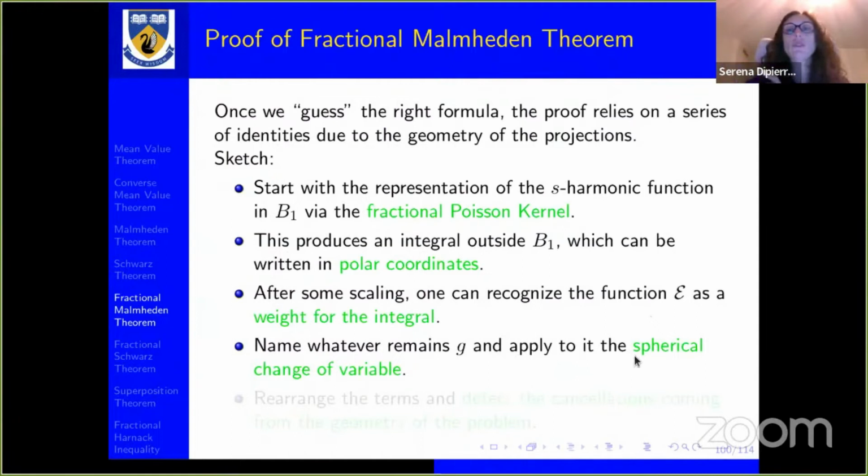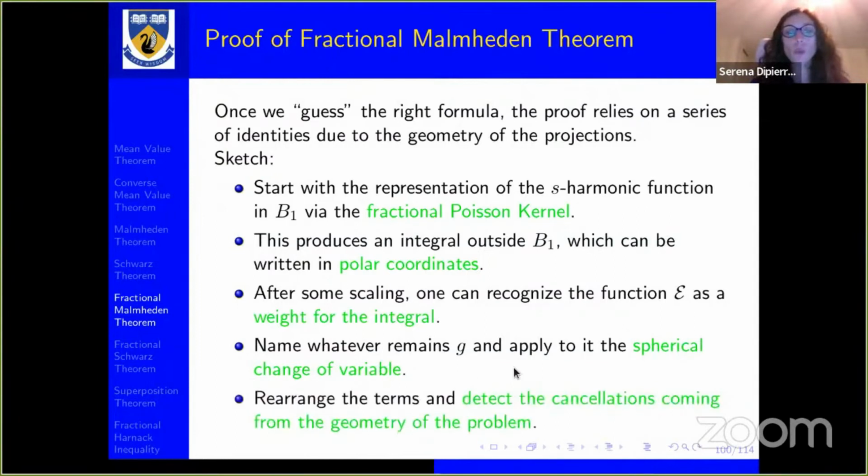And then I can apply the spherical change of variable that we discussed when proving the classical Malmheden theorem. Once I do this, I go back to my function, rearrange the terms a bit, detect cancellations coming from the geometry of the problem, and I'm essentially done. So it's very similar to what is done in the classical case, but if you remember, the difficult bit was to prove the change of variable formula.